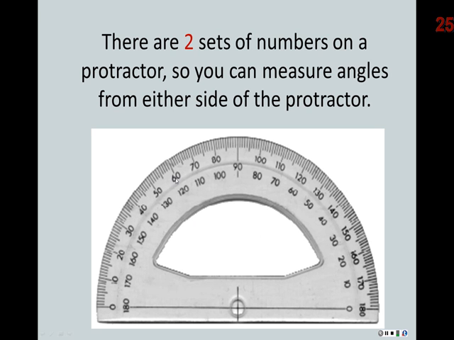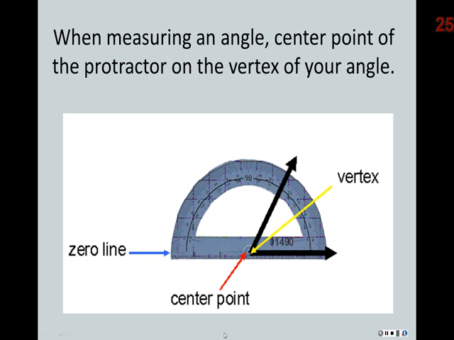Well, this little one here we know is going to be acute, and the bigger one is going to be obtuse. So if you ever have to measure angles with a protractor, that's what you'll do. You'll line this vertex up by the little dot inside the circle before you start reading your angle.